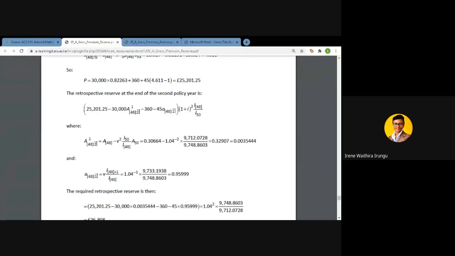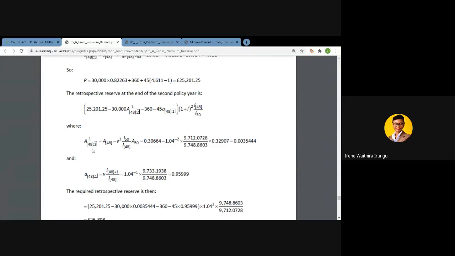So the emphasis here is to ensure that you read the correct tables. And you can see in this case, once you get past your select period, the life ceases to be select. So you compute the corresponding notations.